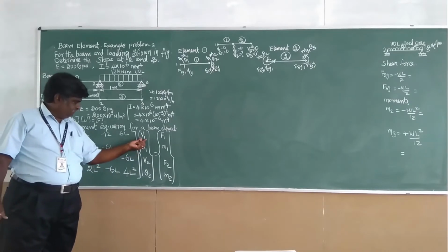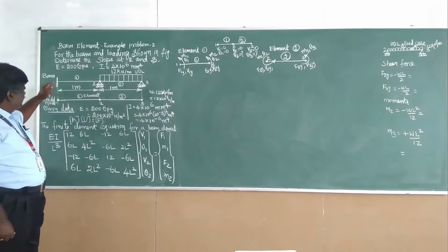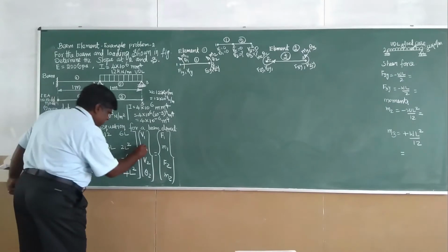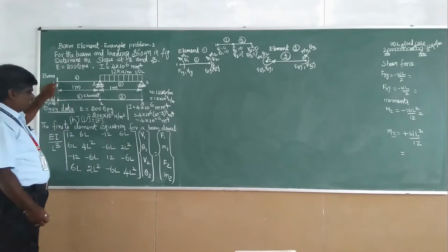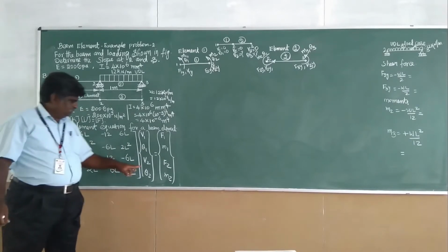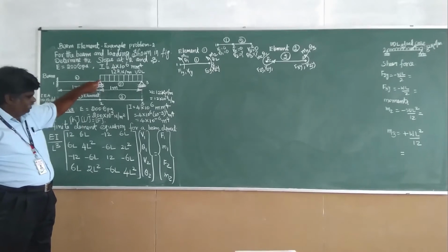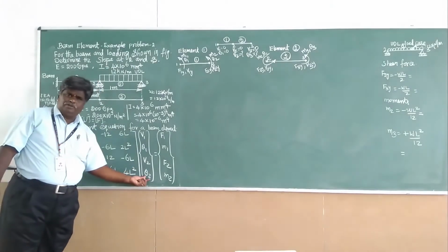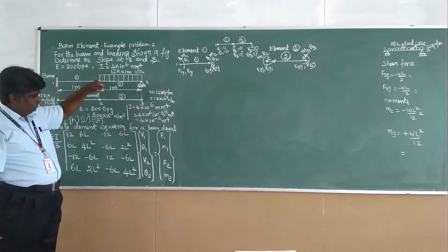V1 indicates the deflection at nodal point 1. Theta 1 indicates the slope or rotation at nodal point 1. V2 indicates the deflection at nodal point 2. Theta 2 indicates the slope or rotation at nodal point 2.